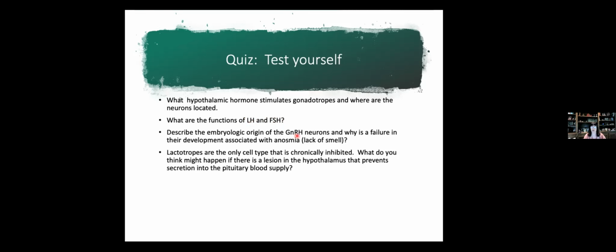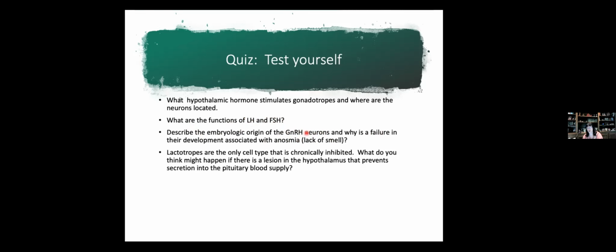Describe the embryologic origin of the GnRH neurons. Well, for some reason, they come from the olfactory placode. And why is a failure in the development associated with lack of smell? Well, their function and placement are totally dependent on the migration of the olfactory neurons.